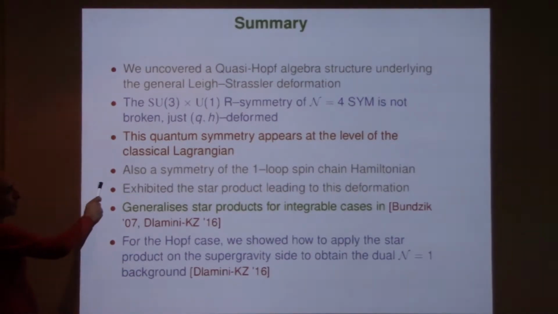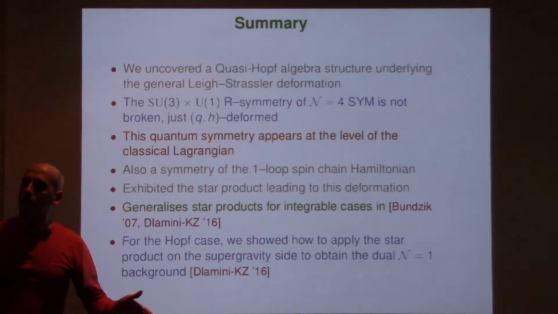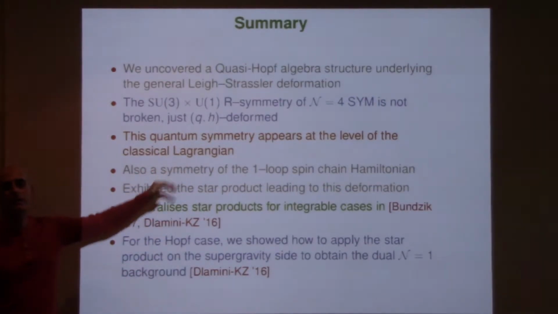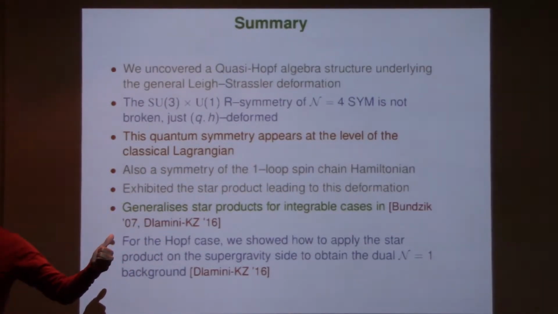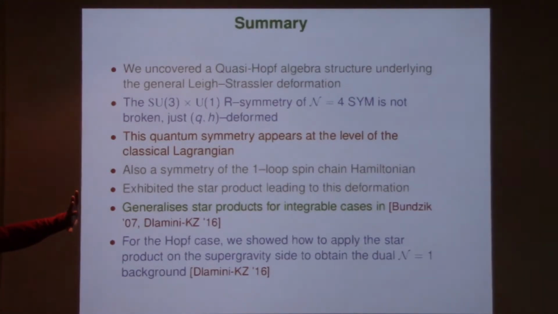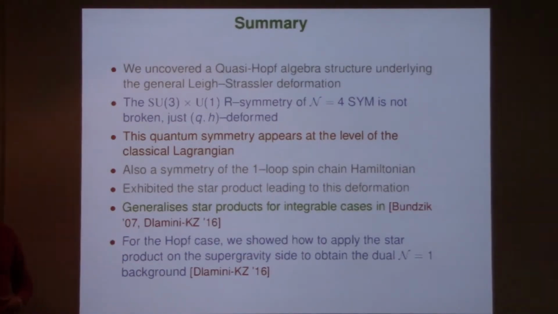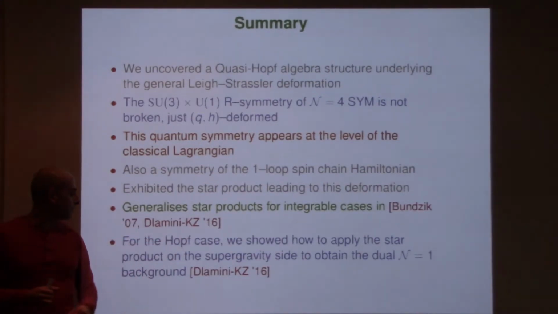And even though we got it from the one-loop spin chain picture, it actually seems to be an exact symmetry of the classical Lagrangian of the theory. Whenever I say anything about that, n did not play a role, the rank of the gauge group, I was not in the planar limit. I'm just taking the tree-level Lagrangian and showing that it has a symmetry, which is a quantum group symmetry. So it generalizes previously known star products for some integrable cases that we had looked at earlier.